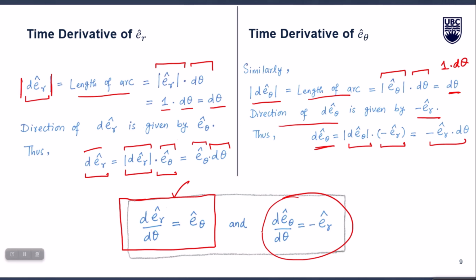So I just get what is dE sub r, right? Now I am in a position to calculate the first derivative of E sub r with respect to time.